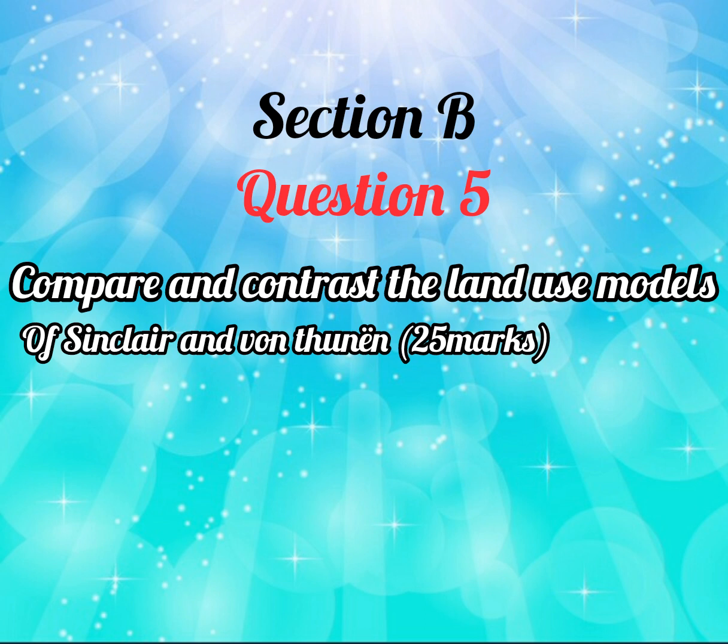On the other hand, von Thünen published his theory in a book titled The Isolated State in the year 1826. He was the first person to publish the theory on agriculture. Von Thünen states that the city is located within an isolated state, which is self-sufficient and has no external influence.